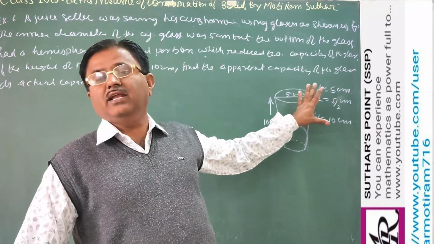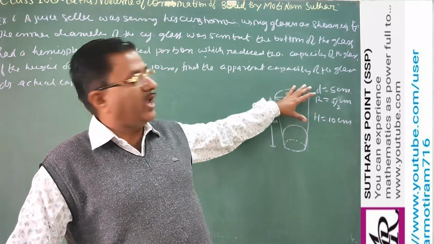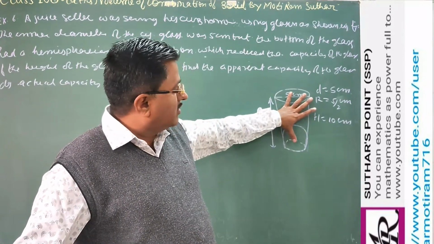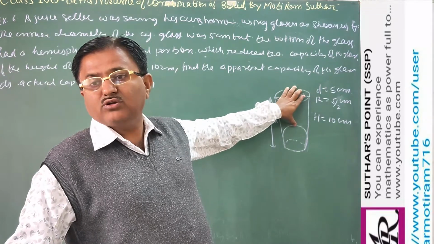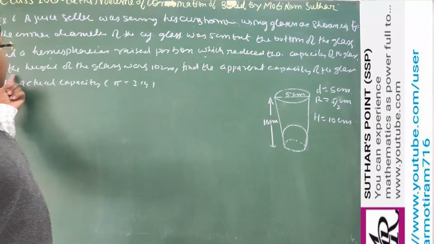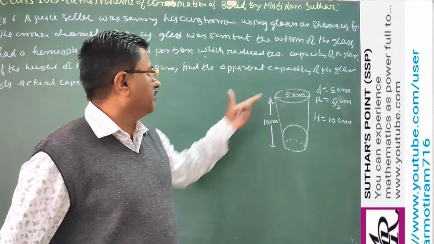So this is how we can use mathematics in daily life. How much juice will be contained by this? Because actually it is shown or looking to us like this quantity, but actually we are getting what quantity, this. So it says, if the height of the glass was 10 centimeter, find the apparent capacity.